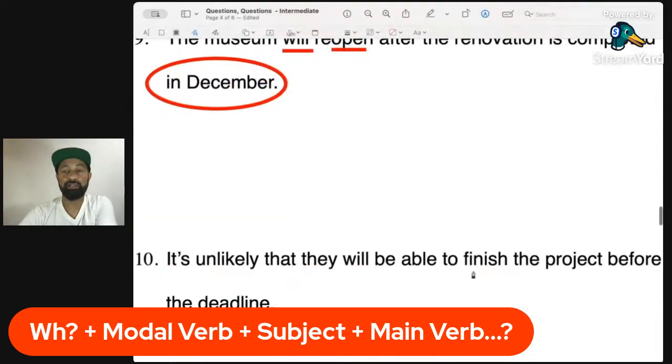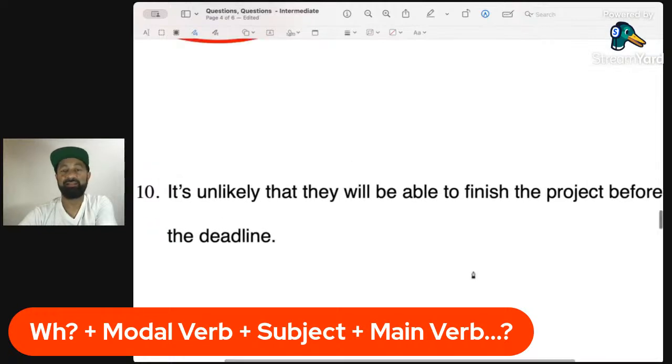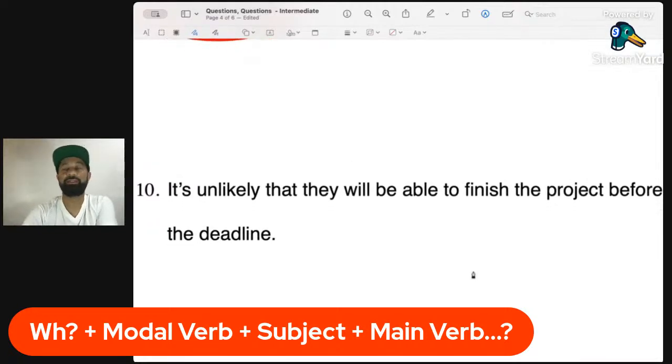Let's look at number 10. It's unlikely that they will be able to finish the project before the deadline. Now, we could do a yes/no question here. We could do a WH question.